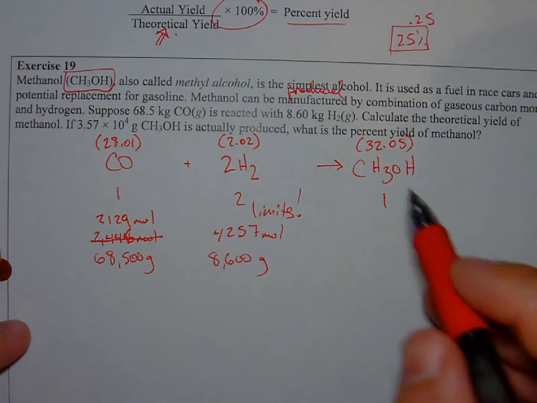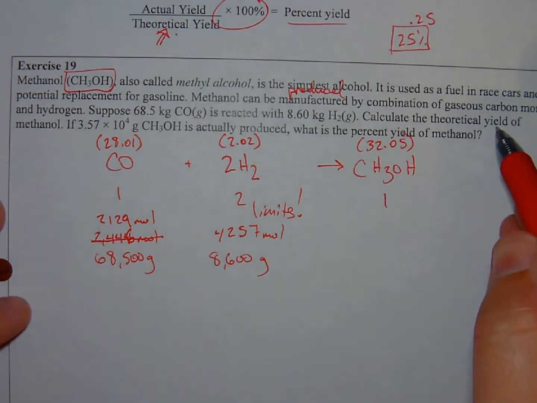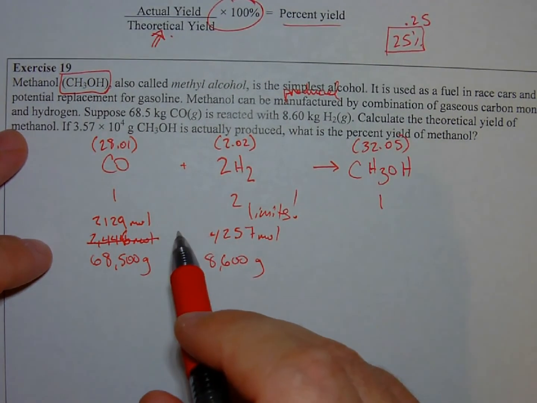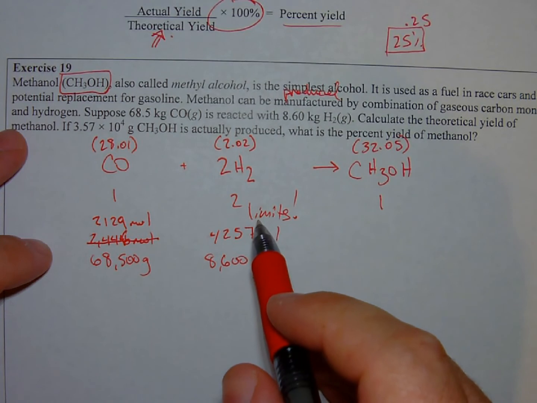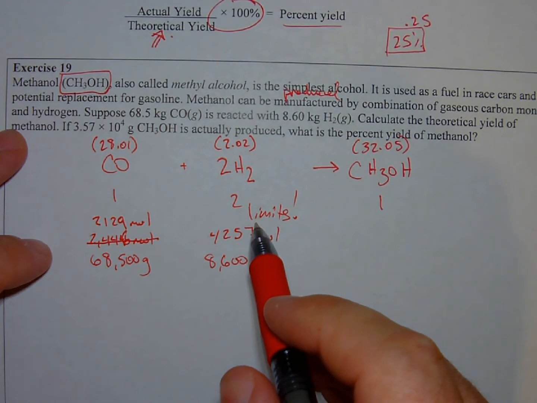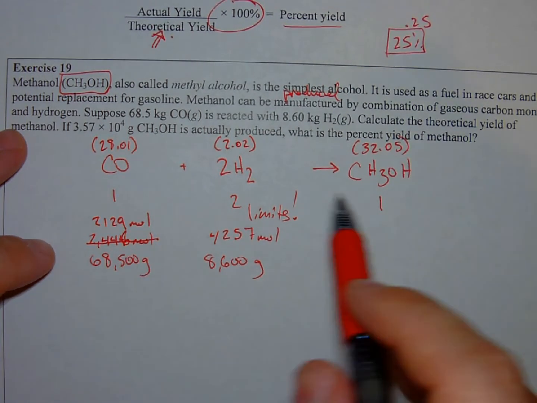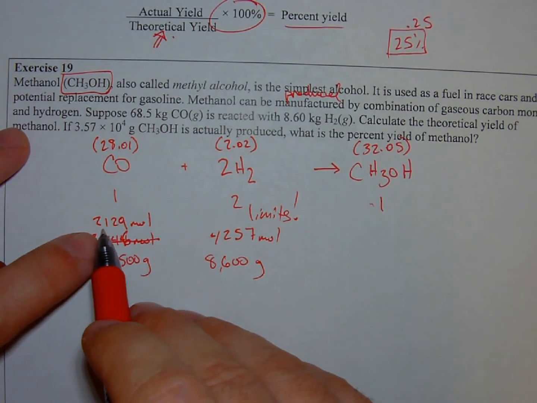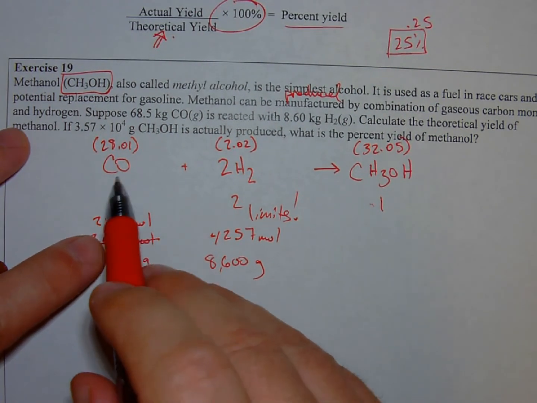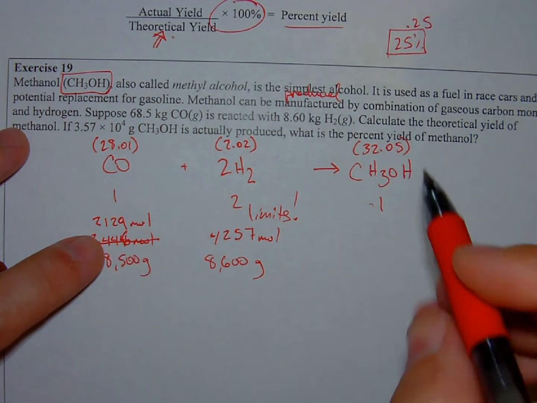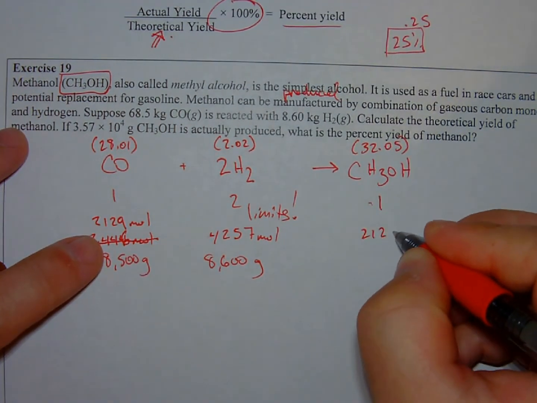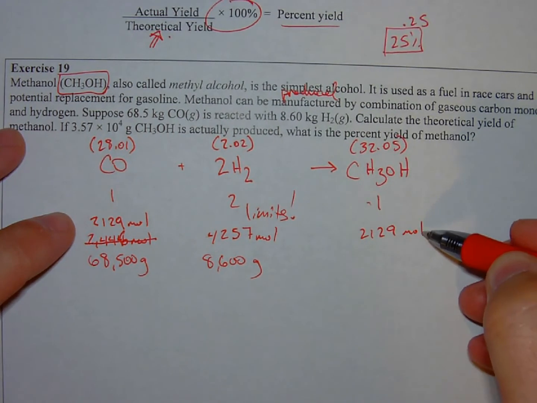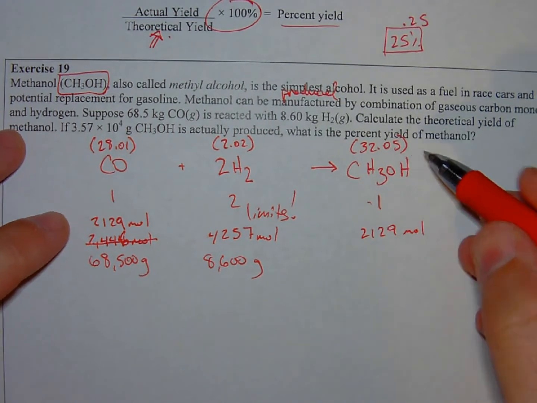Alright, so what's my question here? Calculate the theoretical yield of methanol. Well, these react at a 1-to-1 ratio. So if I have 2,129 moles of carbon monoxide reacting, I'm going to produce 2,129 moles of methanol. So the question is, how many grams of methanol is this? Well, look at that, I already have the molar mass.